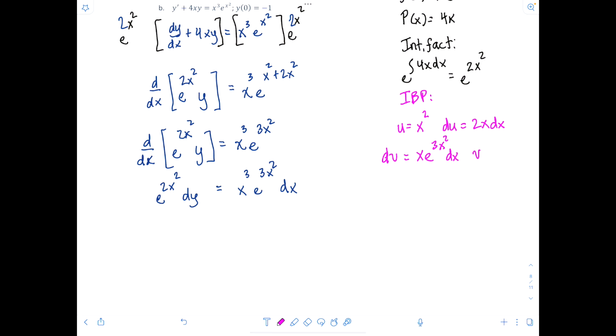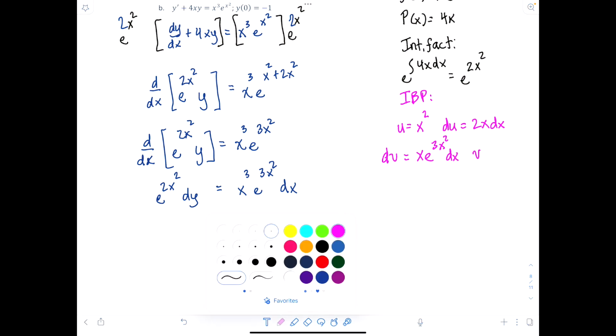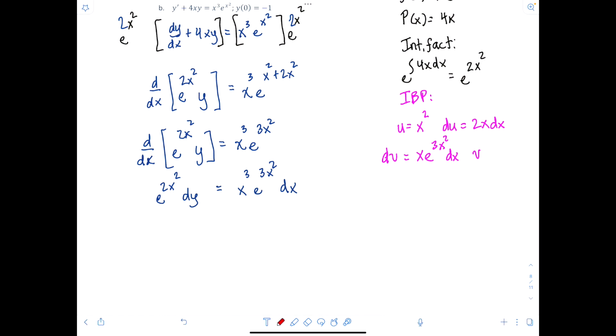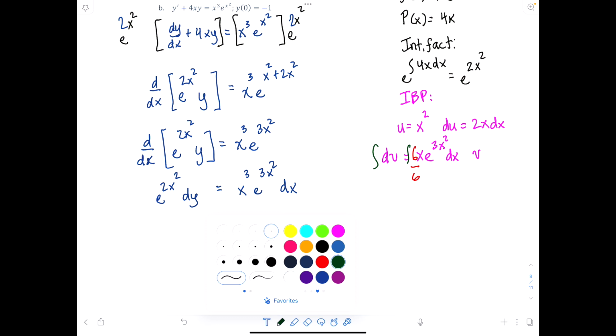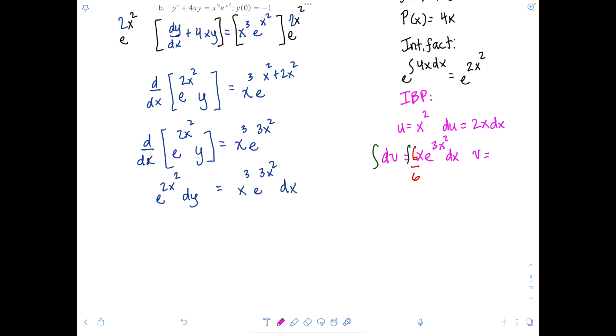And then integrating both sides, I need a 6 here. So I'll divide by 6. And then when I integrate both sides, I will have v is equal to 1/6 e to the 3x squared. Groovy? All right.